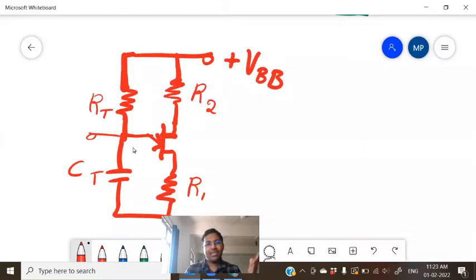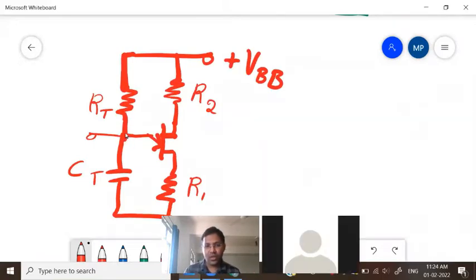When the voltage at this node becomes less than the valley voltage, the UJT will turn off and the capacitor will start to charge once again via RT.